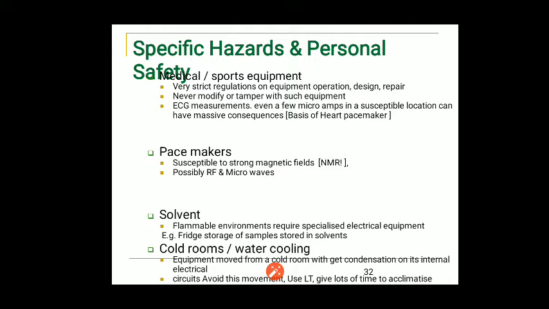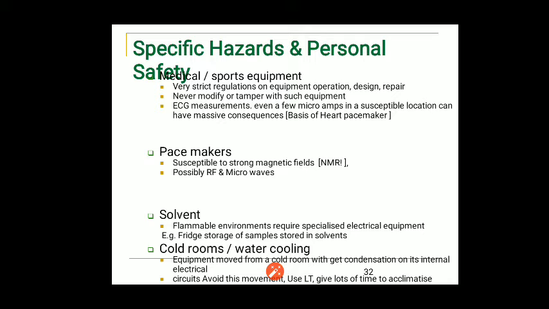These are specific hazards for pacemakers. Flammable solvent environments require specialized electrical equipment, for example a fridge for storing samples kept in solvents. Cold rooms and water cooling are also specific hazards where safety and protection are needed.